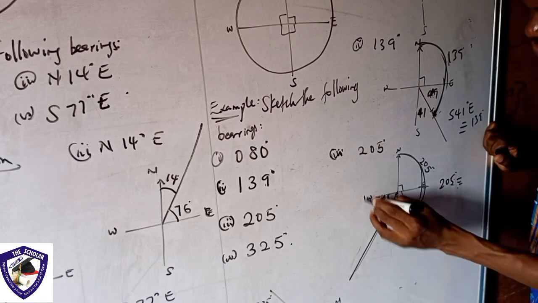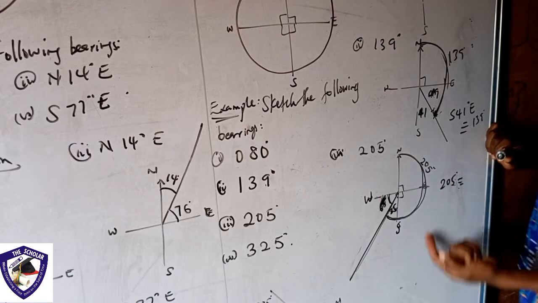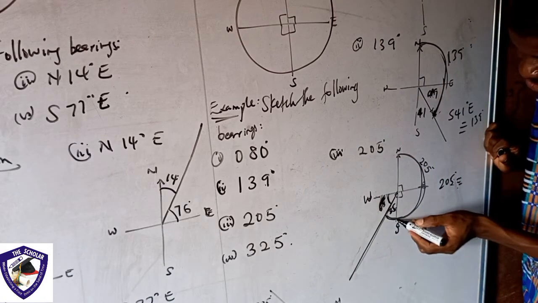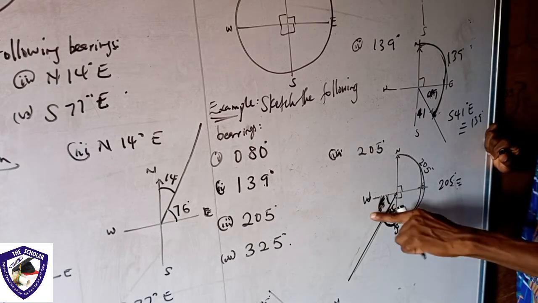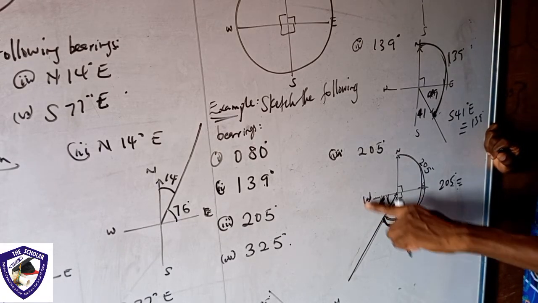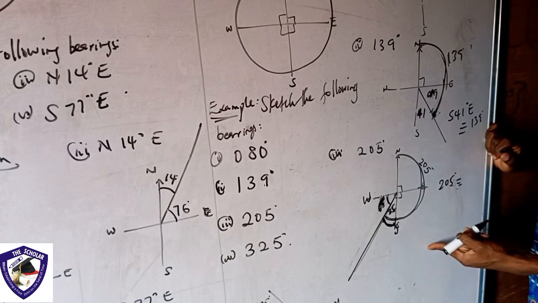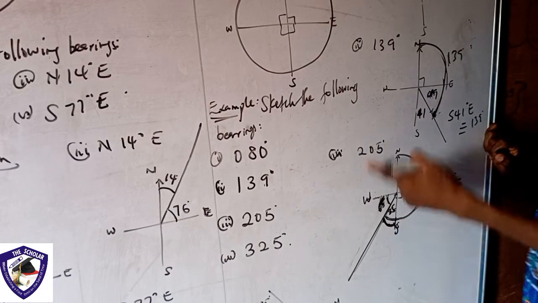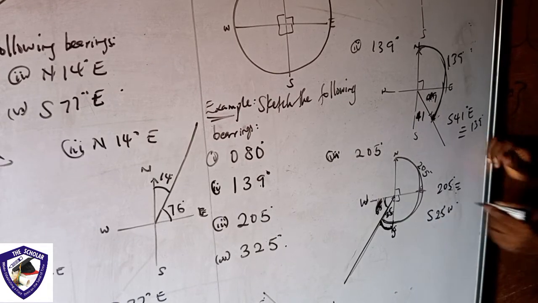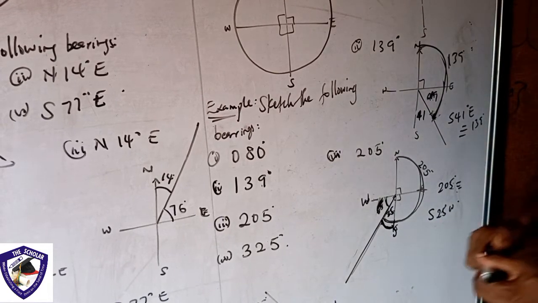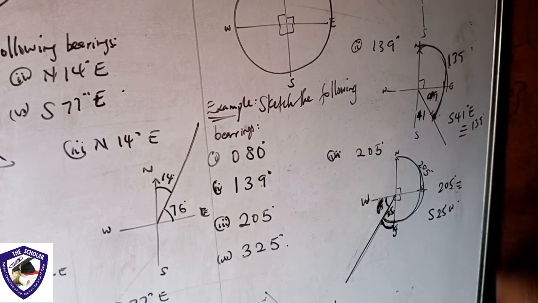This is southwest. Since the movement is southwest, the angle I'm using is that angle which is inside, not the one outside. Because if I use the one outside, it means I'm measuring from west to south. Since I'm looking from south to west, it's going to be south 25 degrees west.